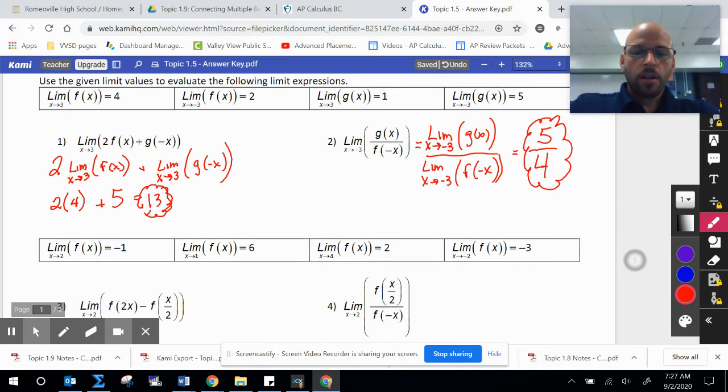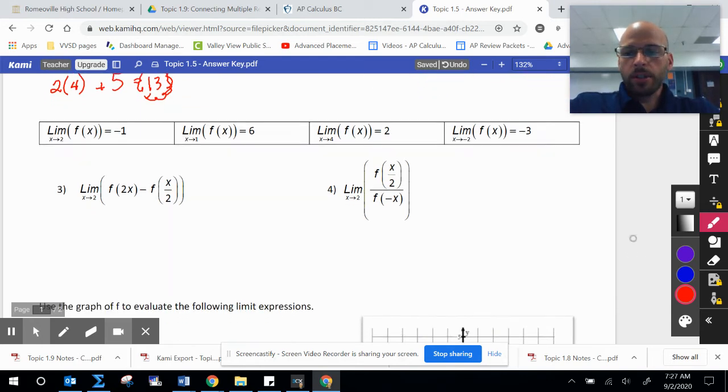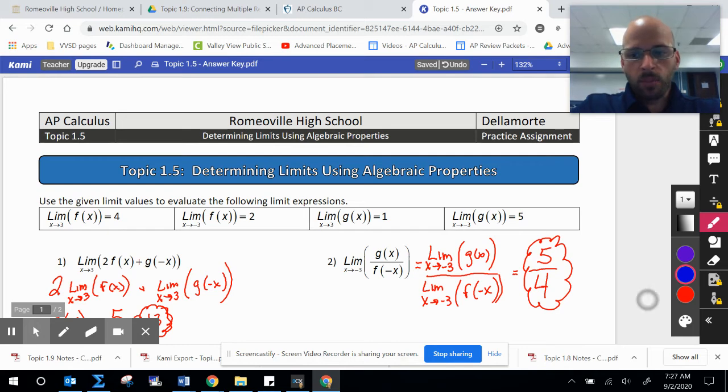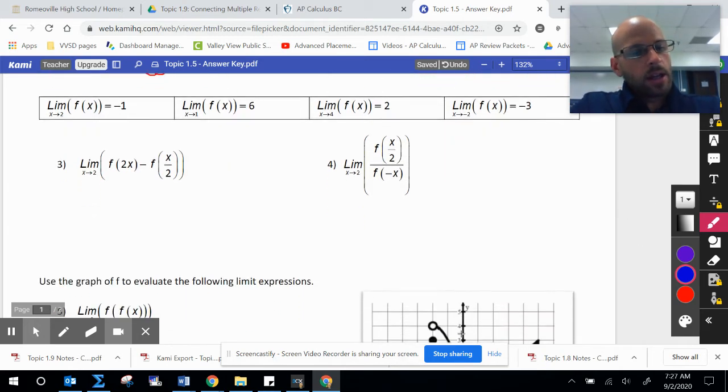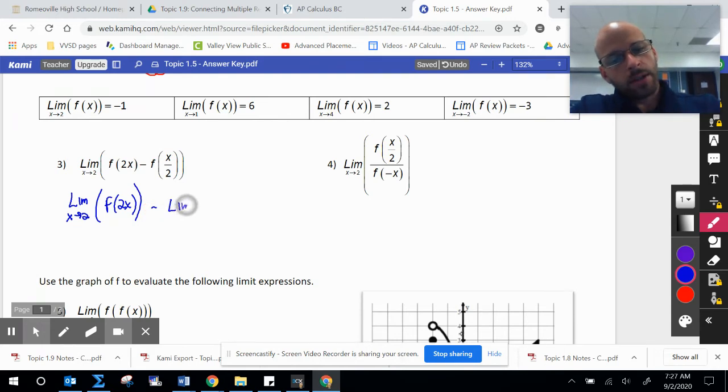Okay. Keep going. I have 2 more that are very similar. So I'll just practice. I'm going to split this up. I'm going to say the limit as x approaches 2 of f of 2x minus the limit as x approaches 2 of f of x over 2.